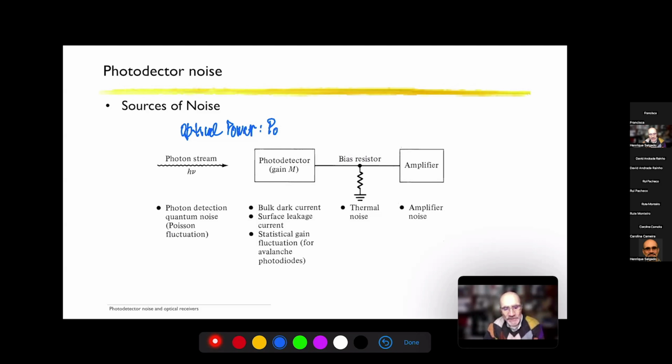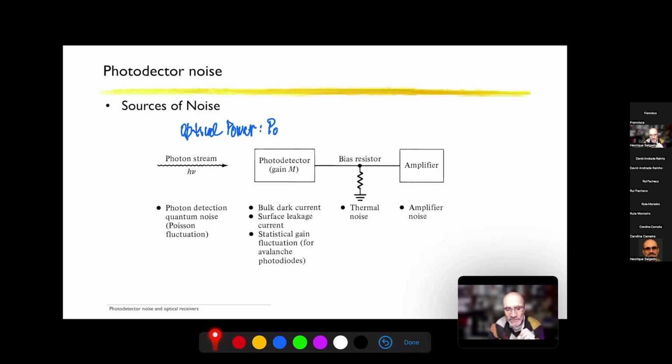Then at the photodetector, there are several types of noise that can be generated by the photodiode. The first one shown here is the bulk dark current. Bulk dark current means that even when there is no light incident on the photodetector, through thermal vibrations of the atoms, some of them might acquire enough energy so that an electron and hole is generated within the photodiode, giving rise to a current.